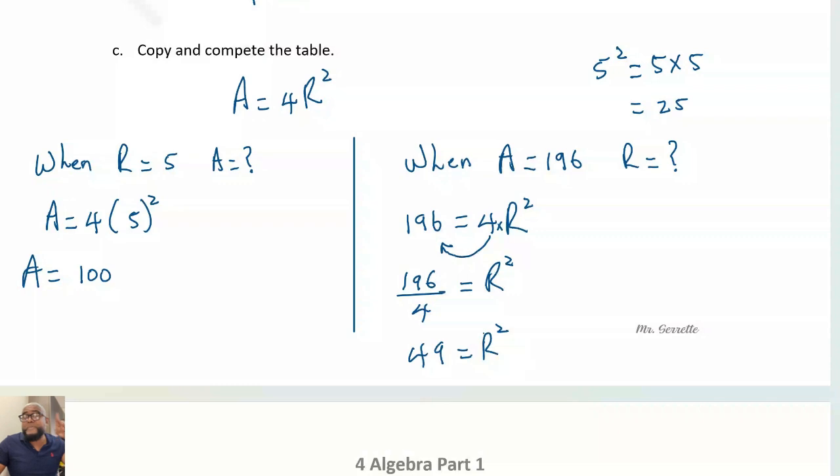So the opposite of squared is the square root, so we need to find the square root of the left-hand side. Square root of 49 would be equal to 7. So 7 would be equal to R. Okay? So we found R, we found A. Mission complete.